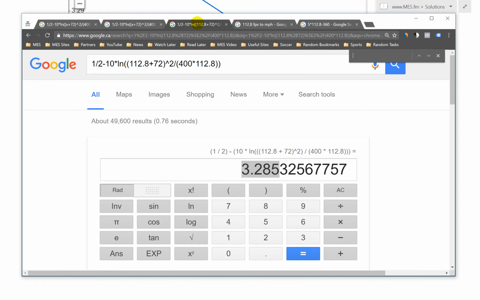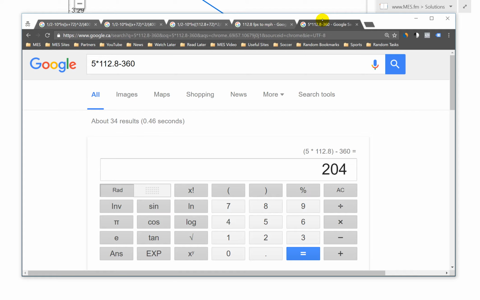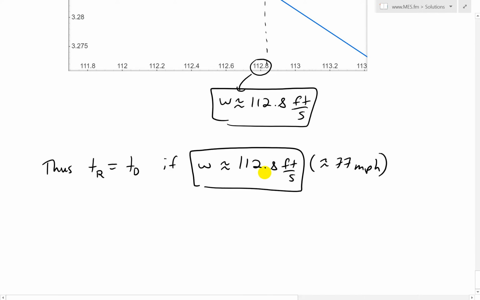One more thing: if you look at the distance of the shortstop from the catcher, plug in our X formula, 5W minus 360, so put in 112.8, and we get about 204.